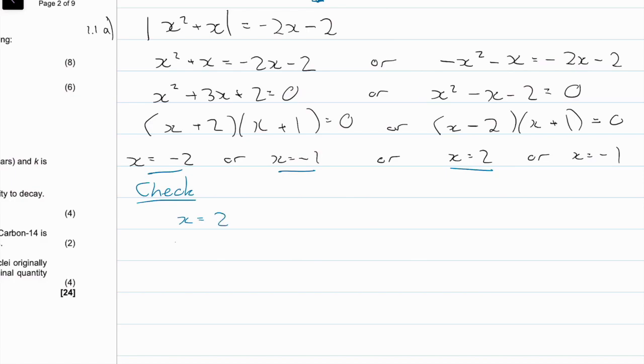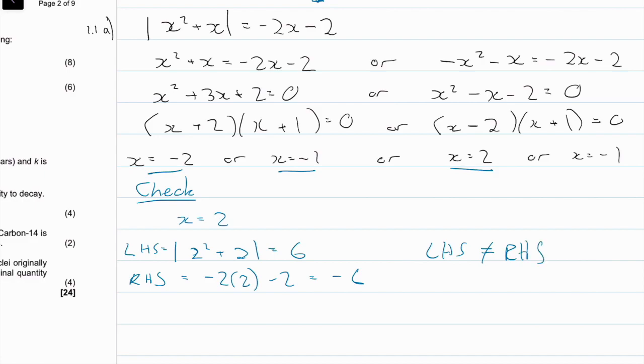So for x equals 2, we have the left-hand side is equal to 2 squared plus 2, which is equal to 4 plus 2, which is 6. And the right-hand side is equal to minus 2 times 2 minus 2, which is equal to minus 6. So the left-hand side is not equal to the right-hand side. So x cannot equal 2.